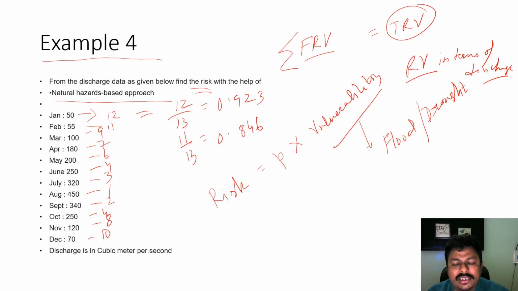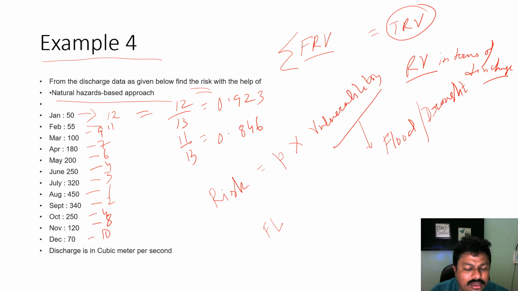So these things are vulnerability. Generally, vulnerability is a constant value, that is a level. So many times we use flood level or flood discharge as the vulnerability value.